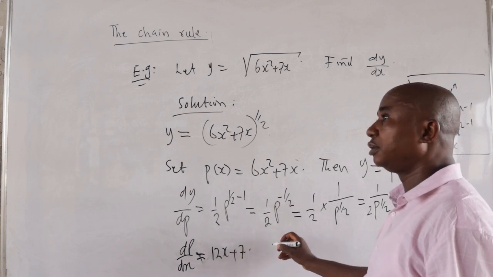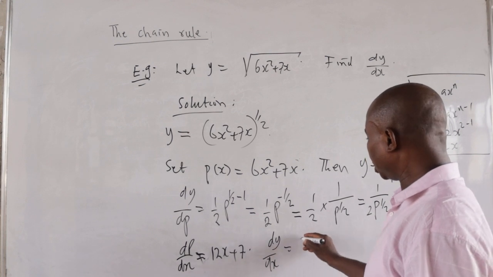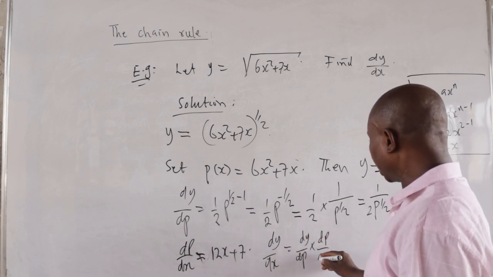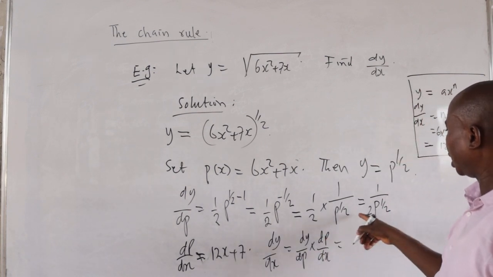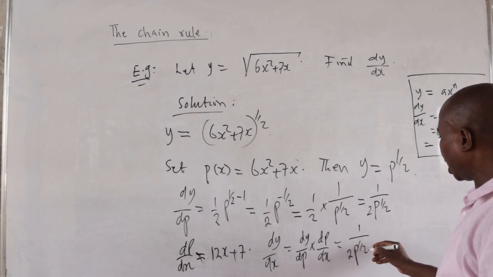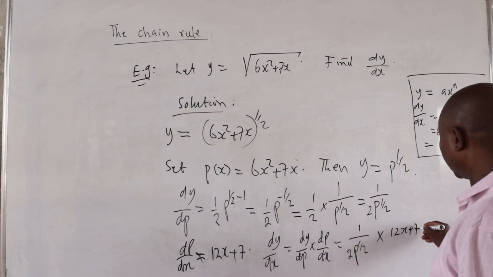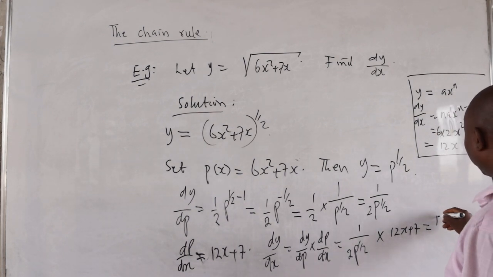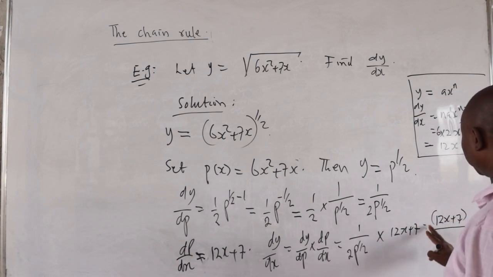Now we invoke the chain rule. dy by dx is dy by dp multiplied by dp with respect to x. And this will give me 1 over 2 p raised to the power half multiplied by 12x plus 7. And then if you do this very well, we're going to get 12x plus 7 divided by 2.